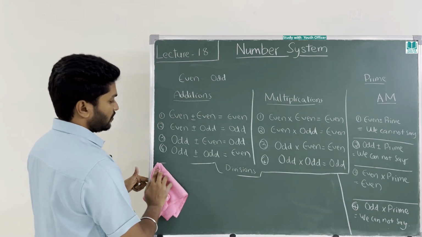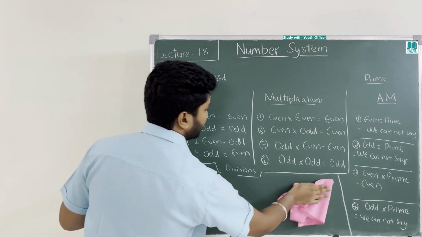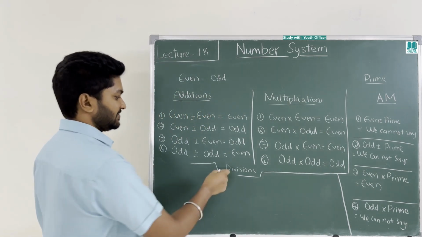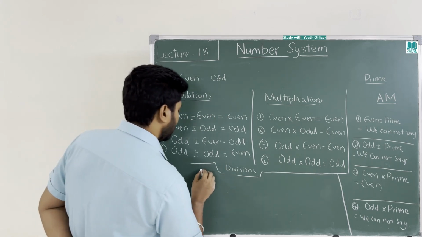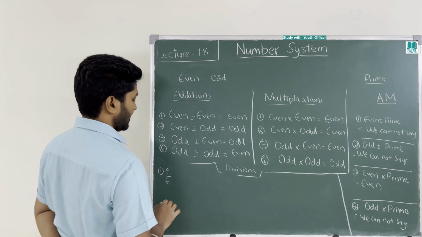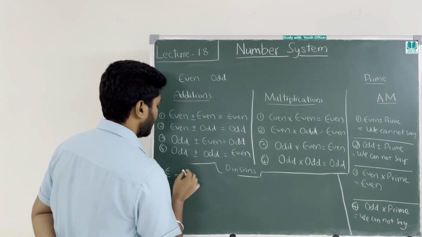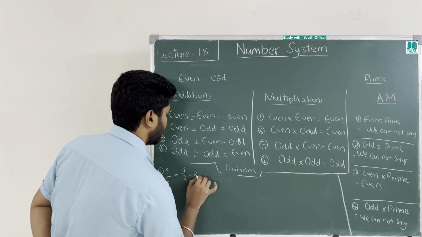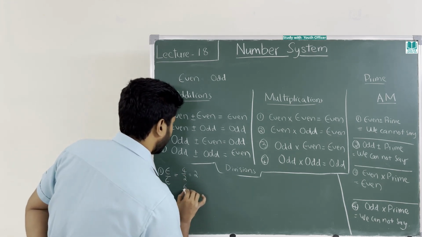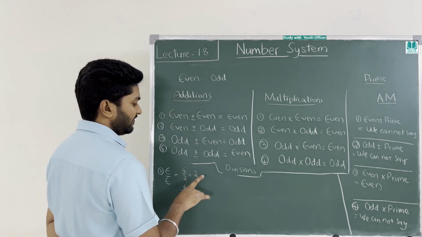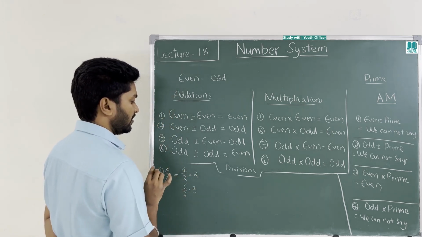Okay. Now before I tell you the trick, I will tell you about divisions. First of all, even by even, let us see the results. If you put even by even, 4 by 2, it will give 2, right? If you put 6 by 2, it will give 3. That means one time it is giving even, other time it is giving odd.